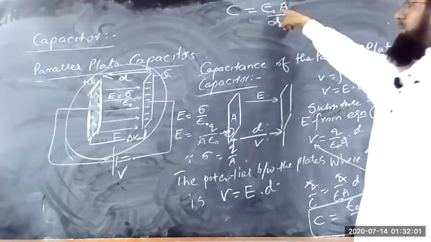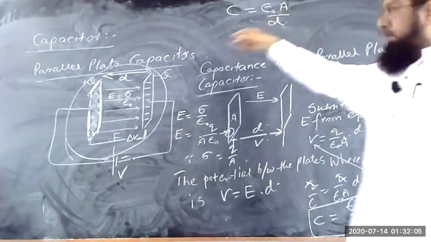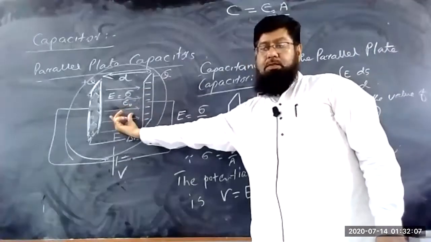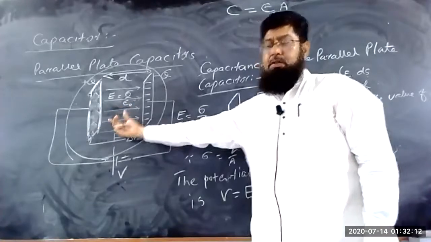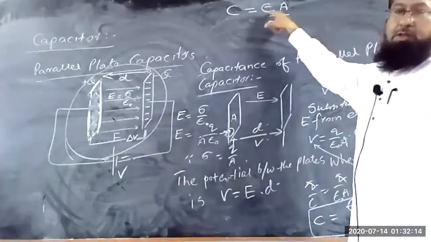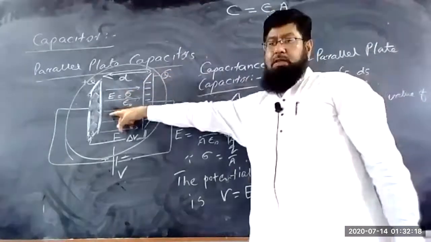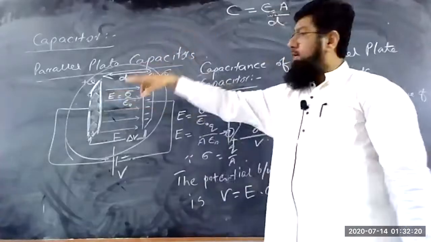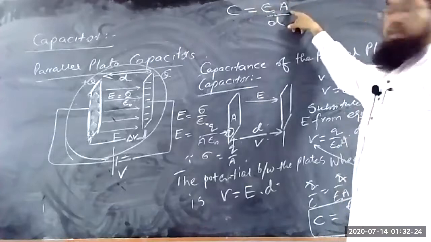This epsilon naught is the permittivity of free space. This tells us about the medium. If the medium between the plates is air or vacuum, then we write it as epsilon naught. And A is the area. It means if we increase the area of the plate, the capacitance, or capability of storing charges, will increase.